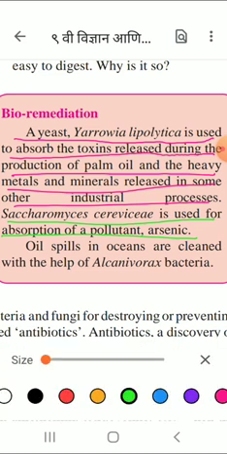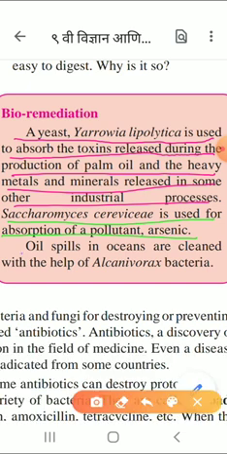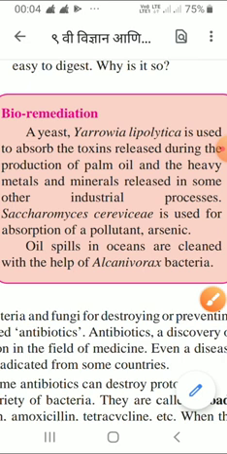Alcanivorax. So let us see here, children. Oil spills in the ocean are cleaned with the help of a bacterium called Alcanivorax.